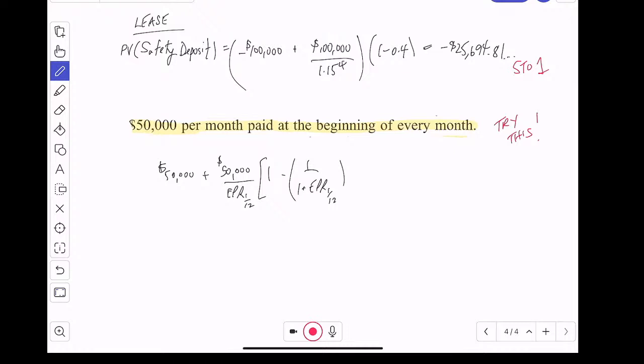Yeah, because it's 48 months. Remember the annuity due formula. So 12 times 4 is 48, but this has to be one less up here. And then once you get that, you need to multiply it by 1 minus TC. And that's the present value of the lease.